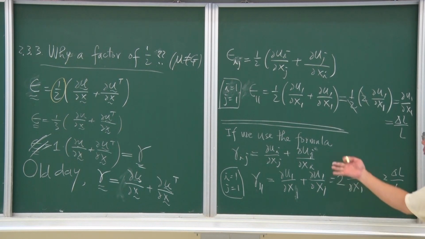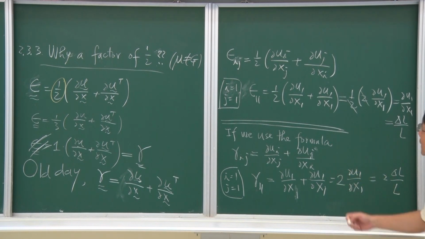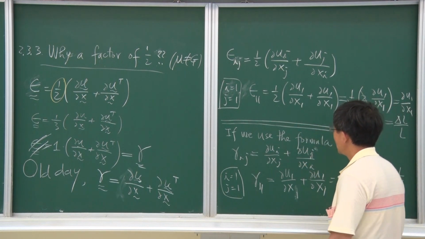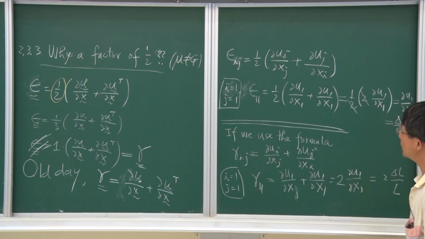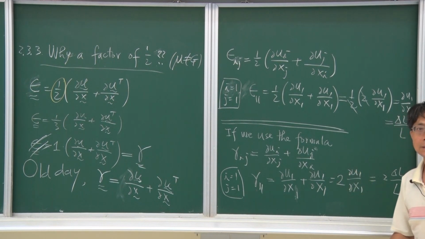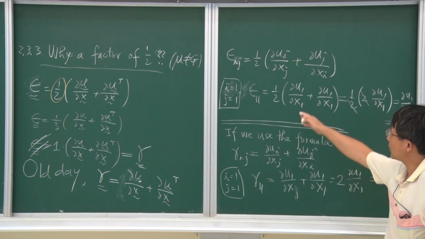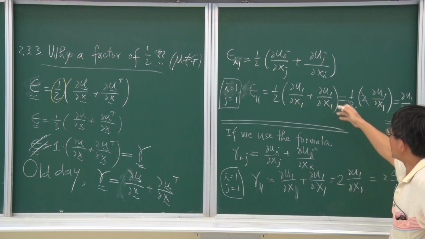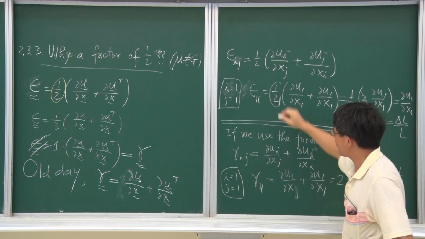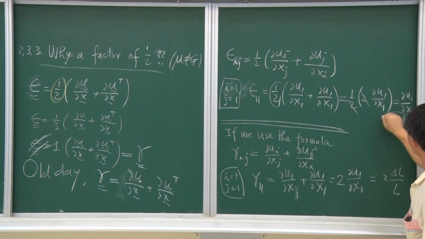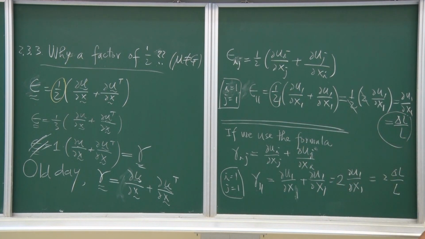So we should have a 1/2 here. This is the reason why. Okay, it is an easy subject here. The reason is clear. If we have 1/2 here, everything will be perfectly matched with the one-dimensional theory.